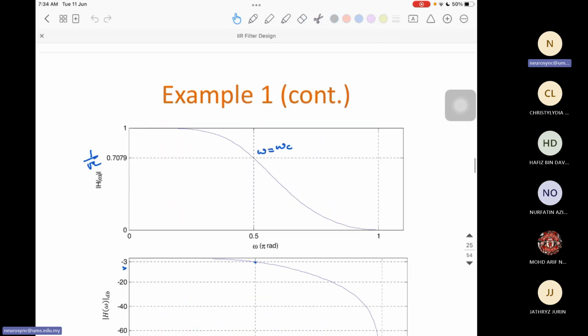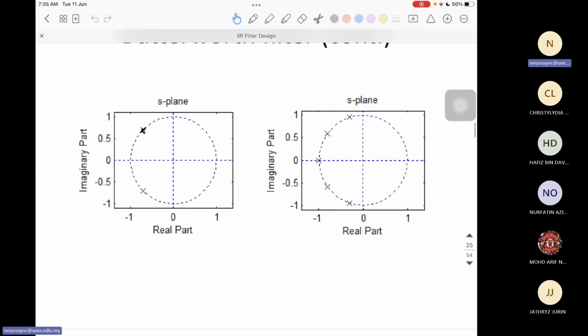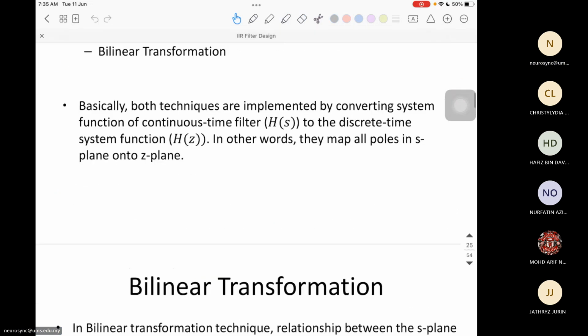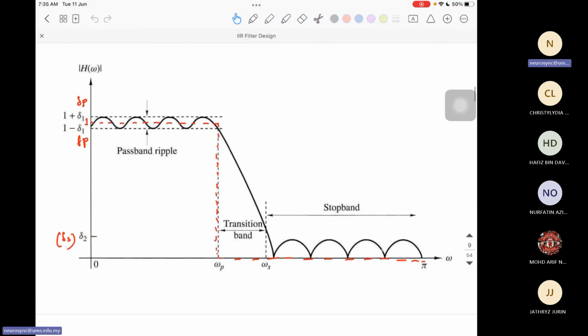The specifications are in terms of the cutoff frequency, the pass band edge frequency, the stop band edge frequency, the pass band ripple, the stop band ripple, and the order of the filter. So these many specifications we should know.